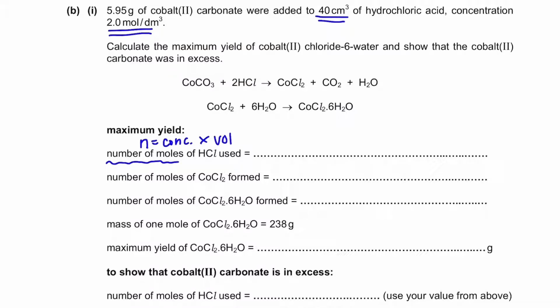Mind you, the question has stated that it's 40 cm cube, not dm cube, so we need to change it to dm cube, which gives us 0.04 dm cube as its volume. So the answer is 0.04 times 2.0 equals 0.08.